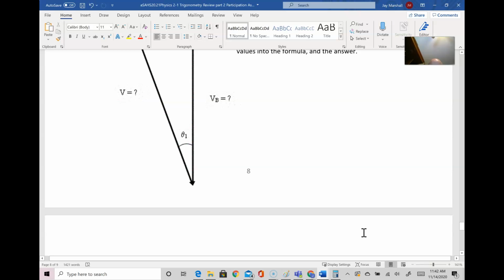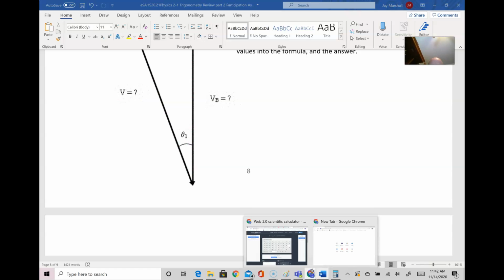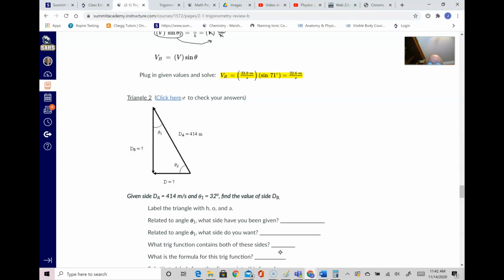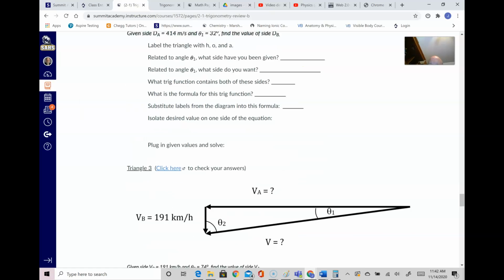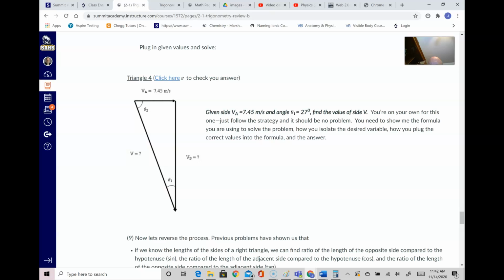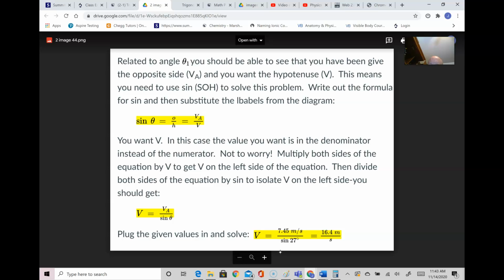I'll let you do that on your own, and then remember that you have the ability to check your answer in the class notes. So right here is that triangle. Click here and that will give you the answer. Then I'll show you the solution. Let me just show you that that does in fact take you to the solution.